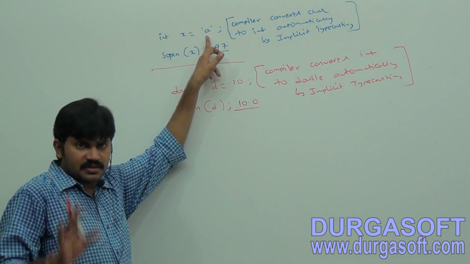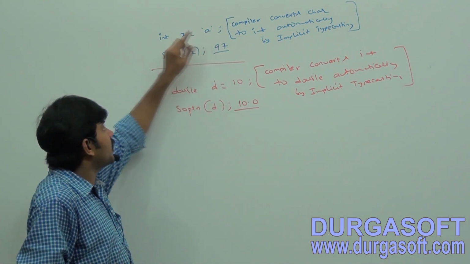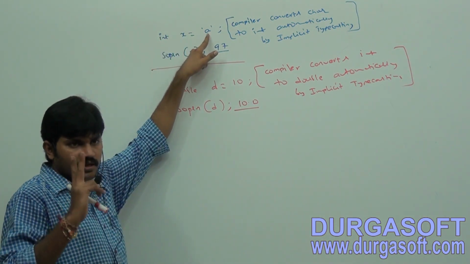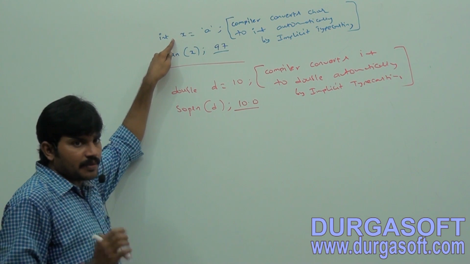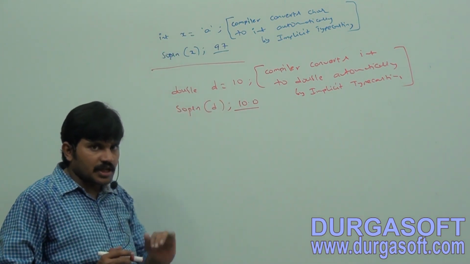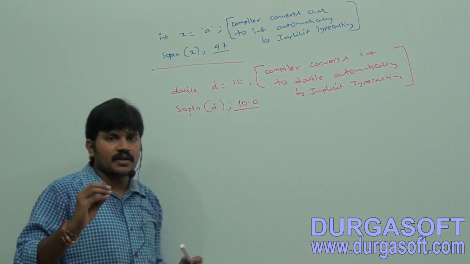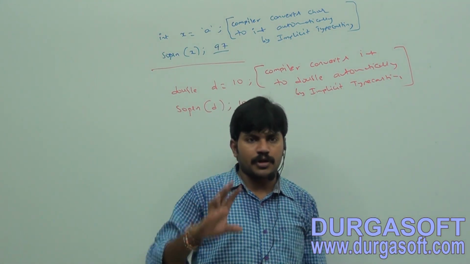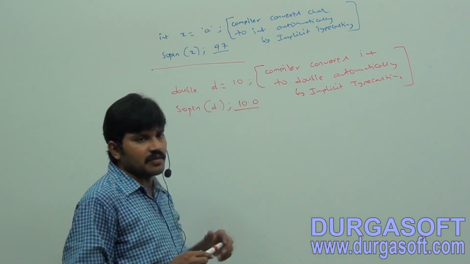Whenever we are assigning a smaller data type value to a bigger data type variable. Sir, char is 2 bytes, but int is how many bytes? 4 bytes. Double is how many bytes? 8 bytes. So whenever we are assigning a smaller data type value to a bigger data type variable, implicit typecasting will be performed.